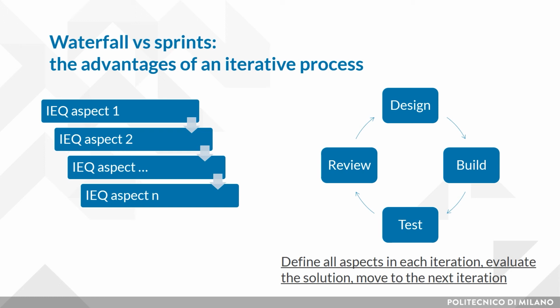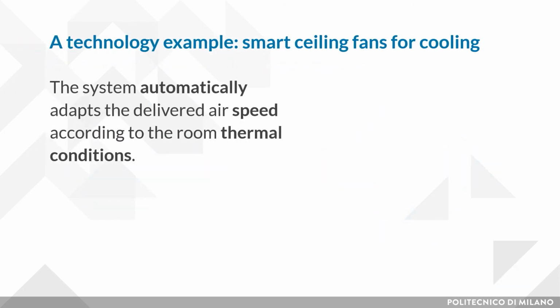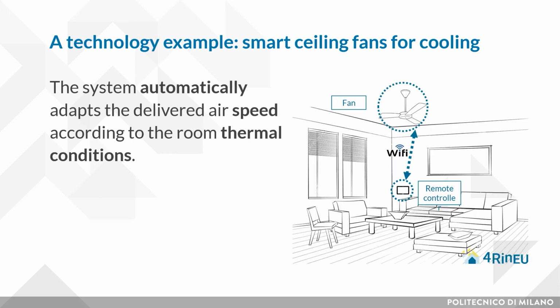An example of technology that you can use for indoor environmental quality is this system we designed within the 4R EU project. It's a simple fan, but it has an advanced control algorithm that enables to control basically the rotational speed according to the thermal conditions of the room.